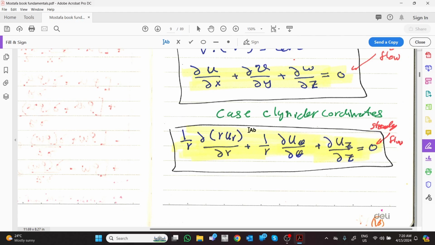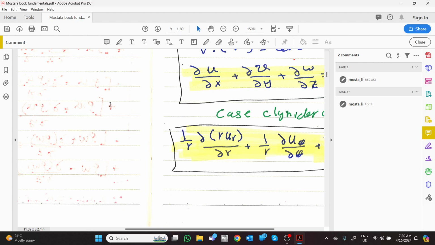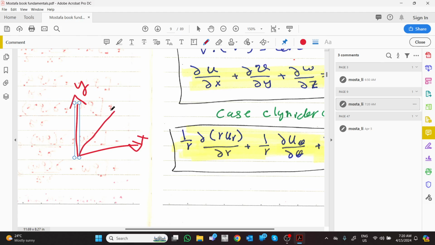This is the derivation for Cartesian coordinates, which are x, y and z. You can also take the derivation in cylindrical coordinates, which is very simple. For example, if I have a 2D case, where this one is x and this one is y, this is Cartesian coordinates. If you want to use cylindrical coordinates, we have one direction r and one rotated direction theta.